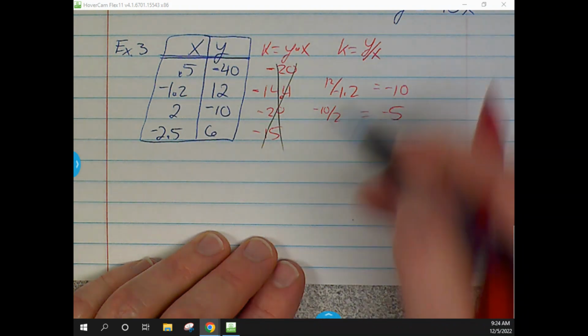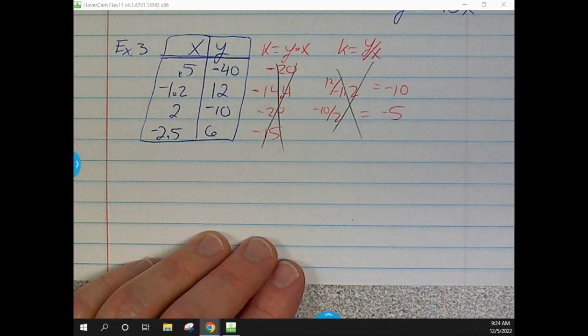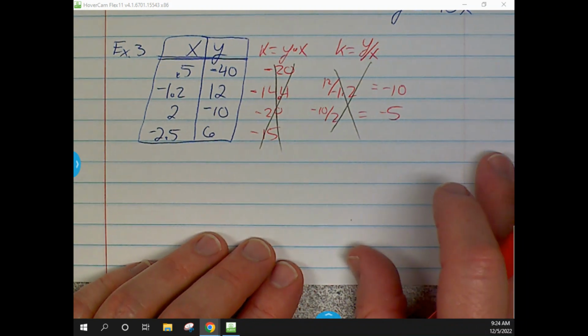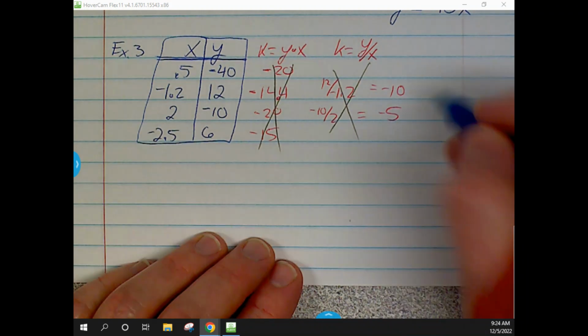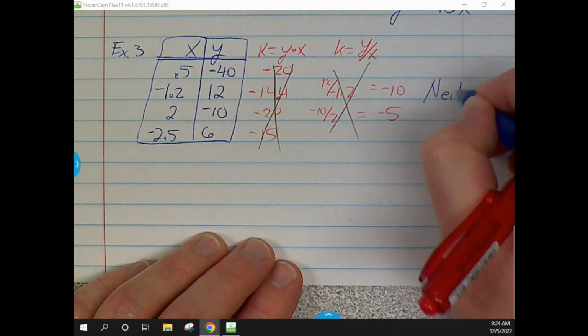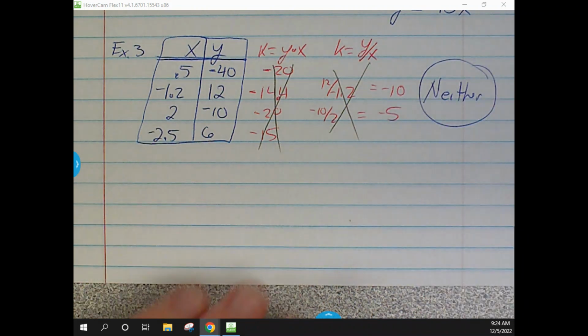So that means that one's out. So if it's not direct and it's not inverse, if it's neither one of those two, then they ask you what type of graph is it, or what type of relationship is it. That means it's going to be neither. Because it's not direct, it's not inverse. And it could be this third type that we'll talk about now, because this one doesn't just have two variables, it has lots of variables, possibly, depending on what's happening with it here.